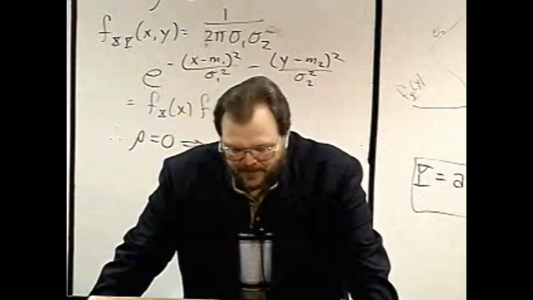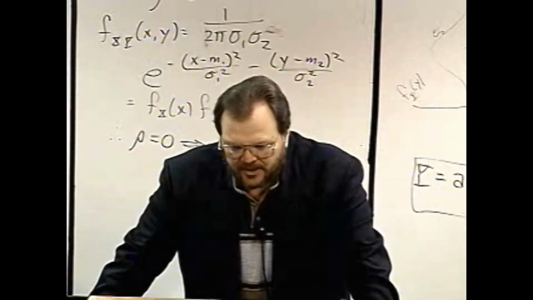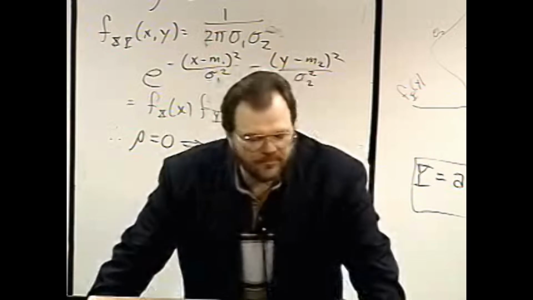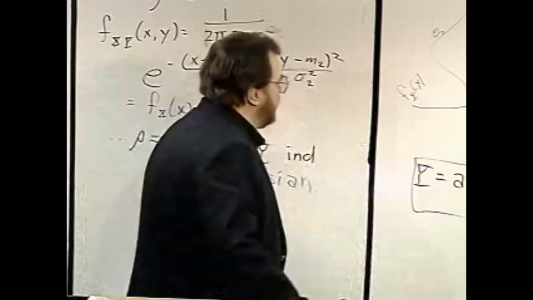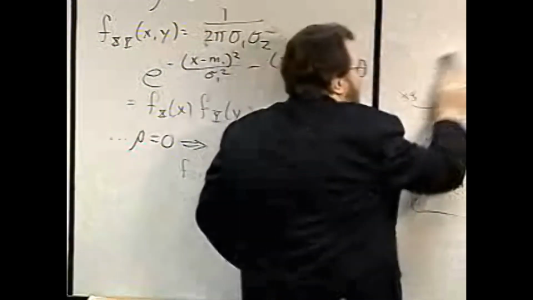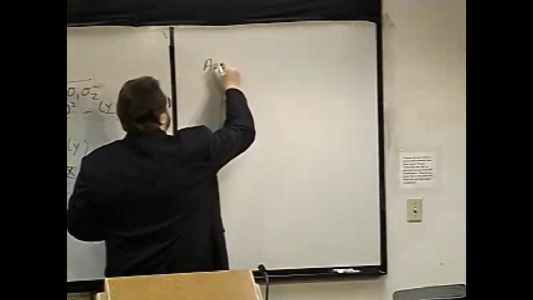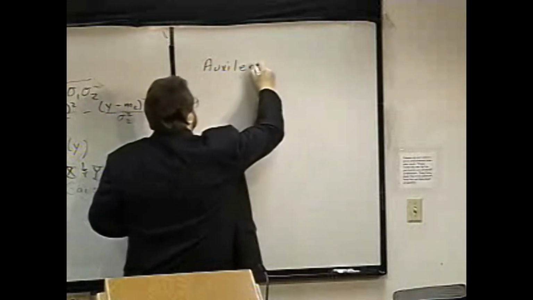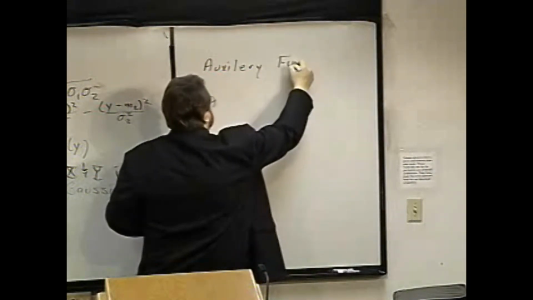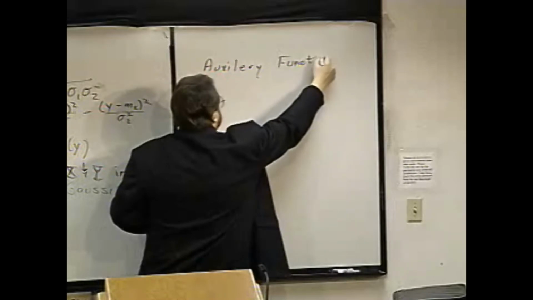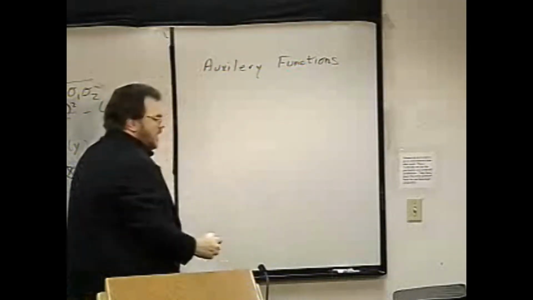Okay, we're back. There's one other example about functions of several random variables I would like to tell you about, and that's the idea of using so-called auxiliary functions. Here's the problem.